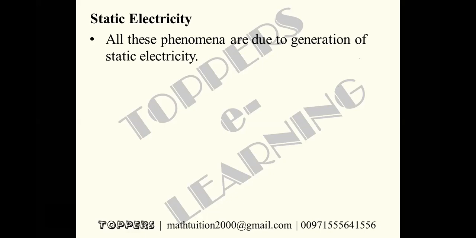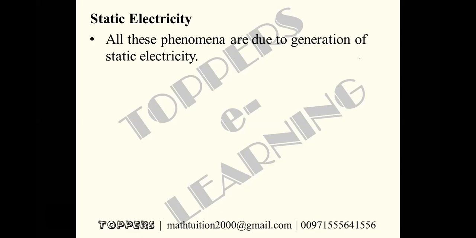We have just seen a lot of phenomena, right? On the doorknob, lightning, and even if you are using a scale or ruler, just rub it on dry hair several times and bring it near small bits of paper.